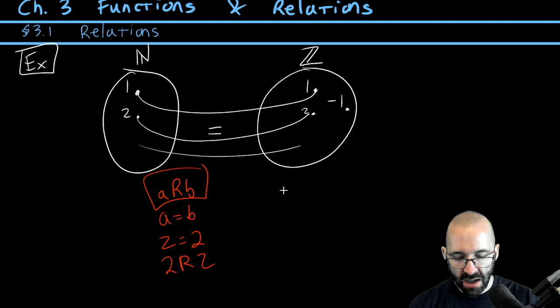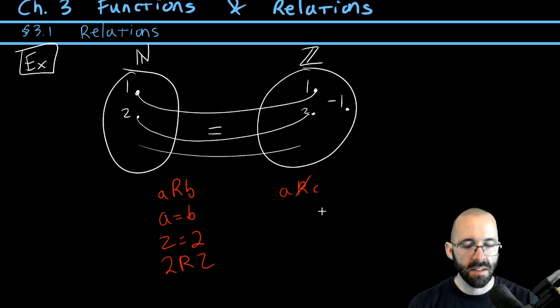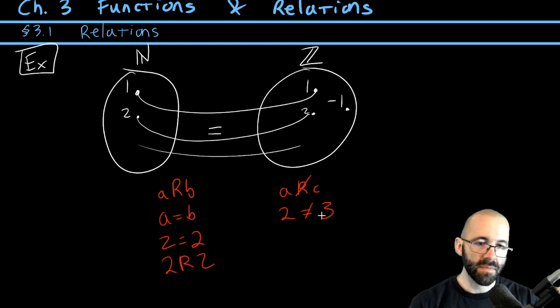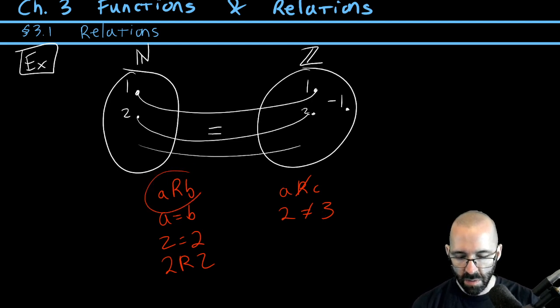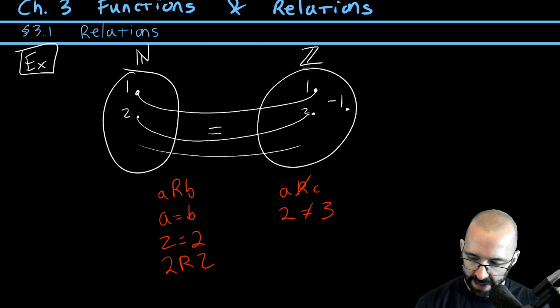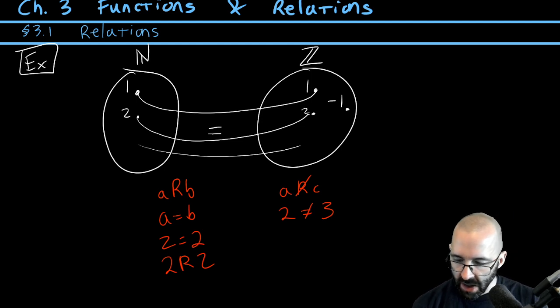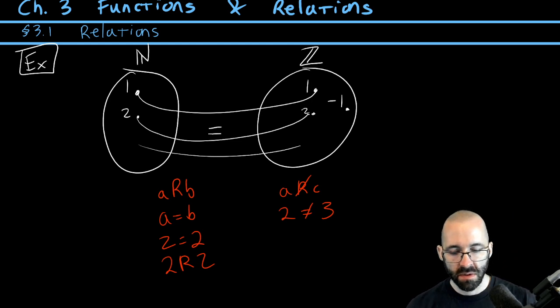And of course, we could say, maybe A is not related to C. We could say 2 is not equal to 3, for example. And so this is some of the notation that we're going to be using with this R for relation.